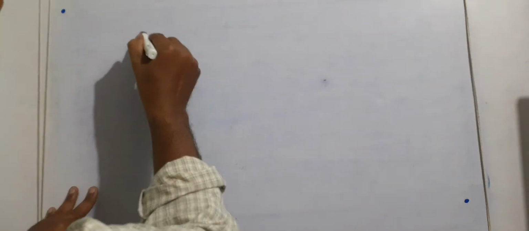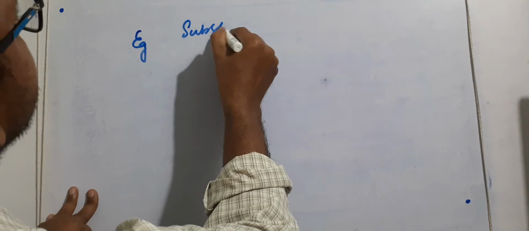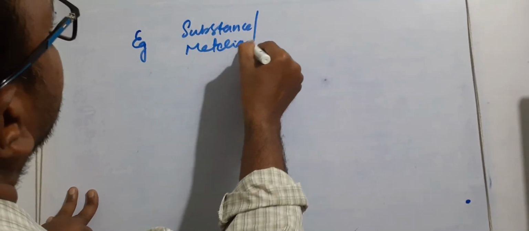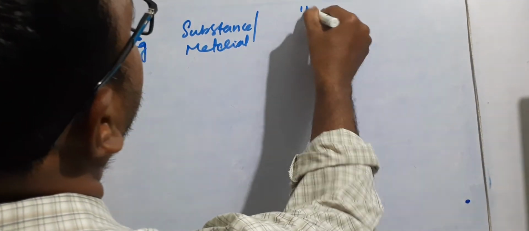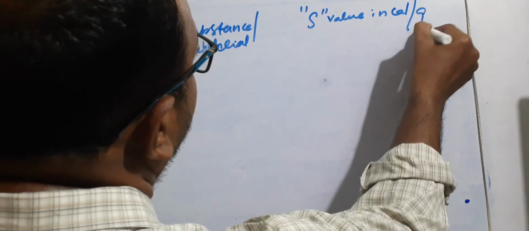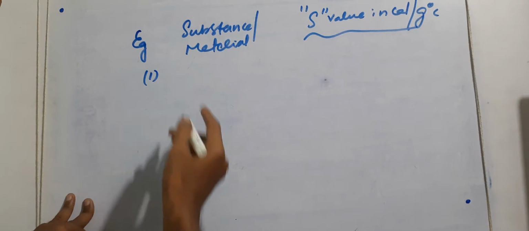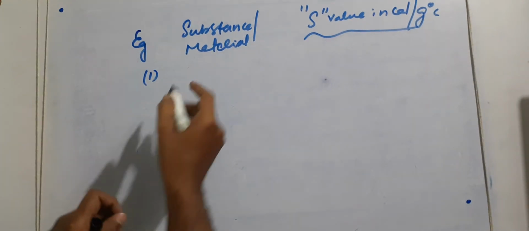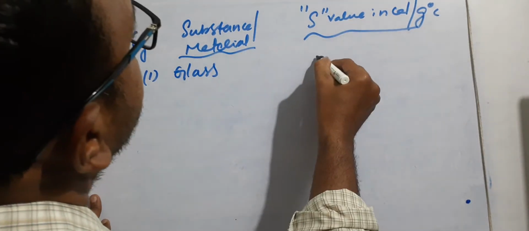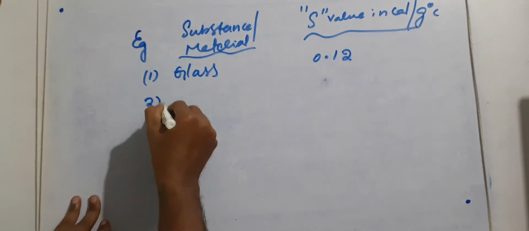For example, we take the name of the substance or material and the specific heat value in calorie per gram degree Celsius. First, glass: its specific heat value in the CGS system is 0.12.